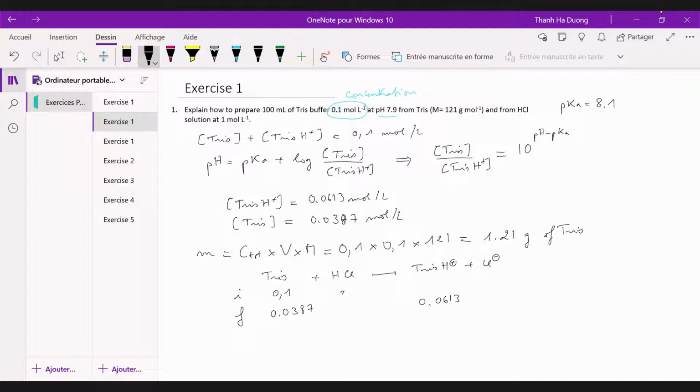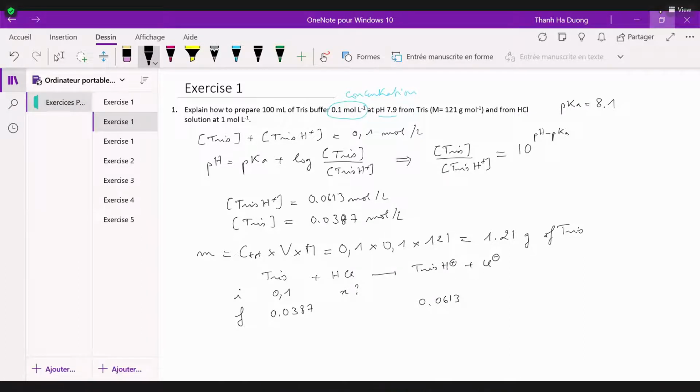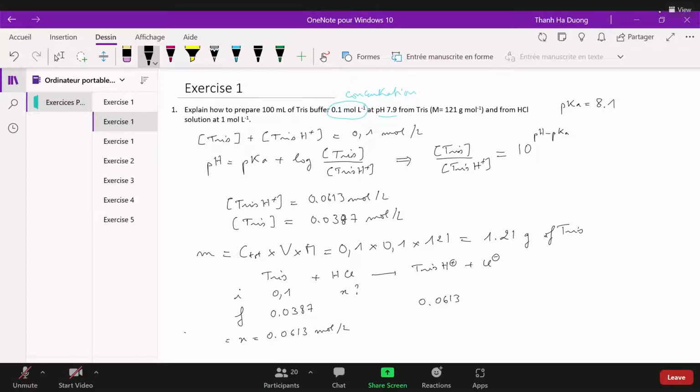So what is needed here is the concentration of hydrochloric acid that we need to put. If you want to have this concentration, you have to put 0.0613 mole per liter of hydrochloric acid, right? Is it okay for you?